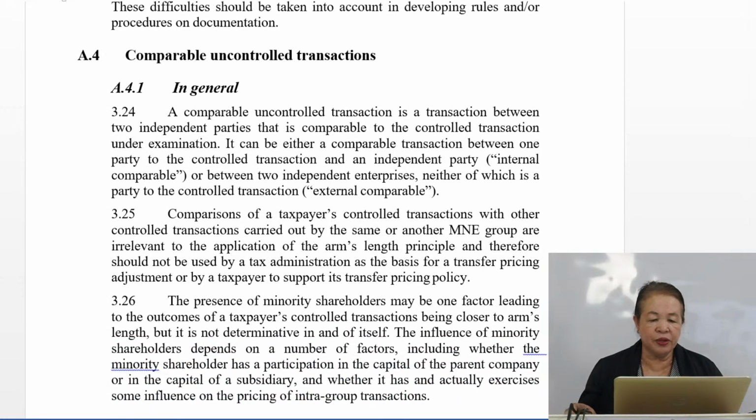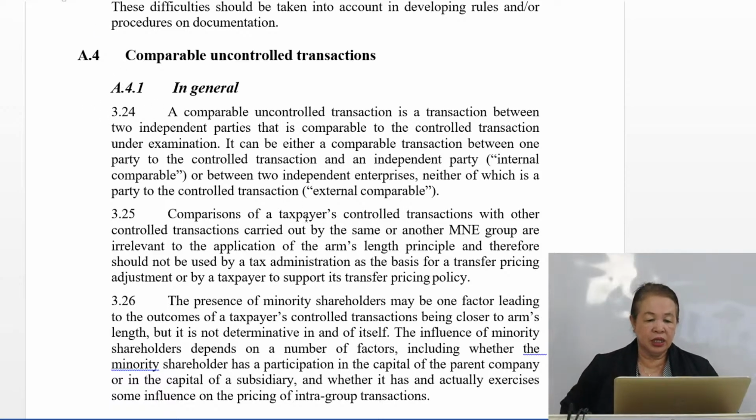So, a comparable uncontrolled transaction is a transaction between two independent parties that is comparable to the controlled transaction under examination. No? So, it can be either a comparable transaction between one party to the controlled transaction and an independent party, or the internal comparable, or between two independent enterprises, neither of which is a party to the controlled transaction.